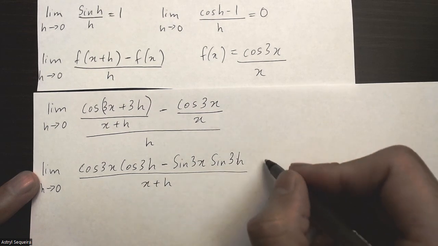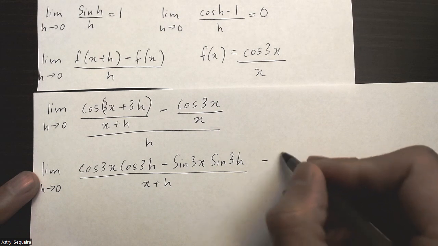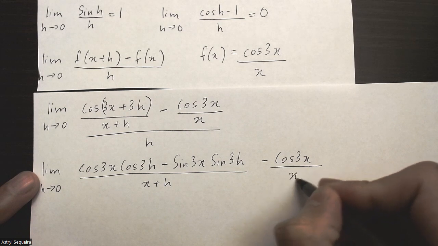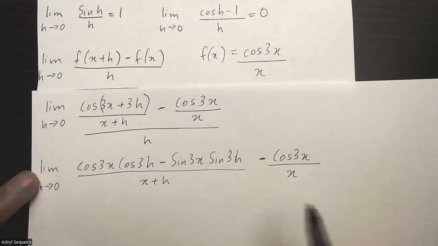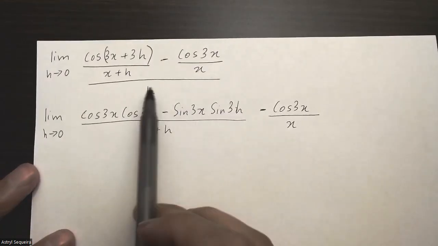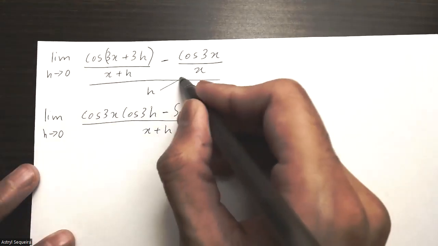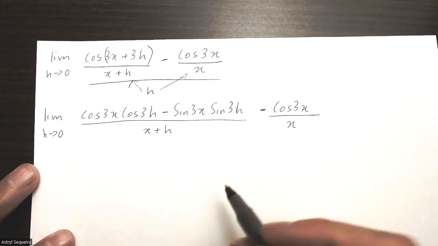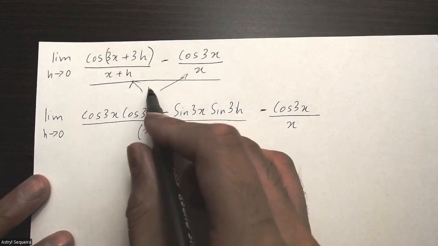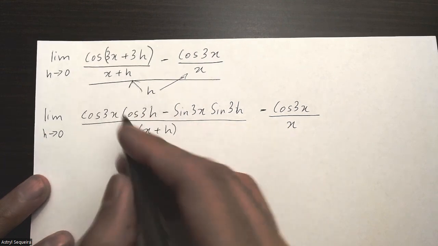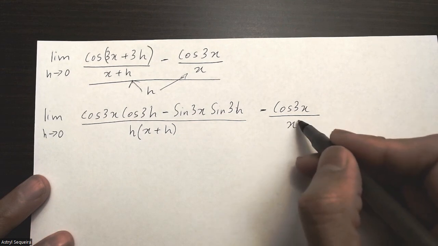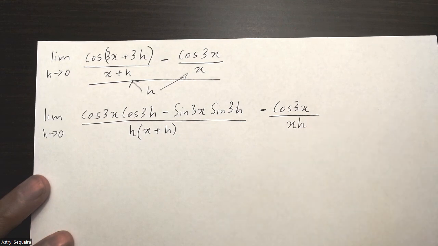And over here, I'm going to just rewrite this as minus cos 3x divided by x. The second thing I'm going to do in this step is distribute the denominators, to simplify things and save a bit of space. I'm going to multiply this x with this h with x plus h. So I have h times x plus h over here. Over here, I just have xh.